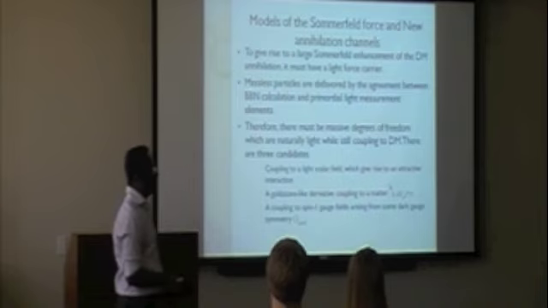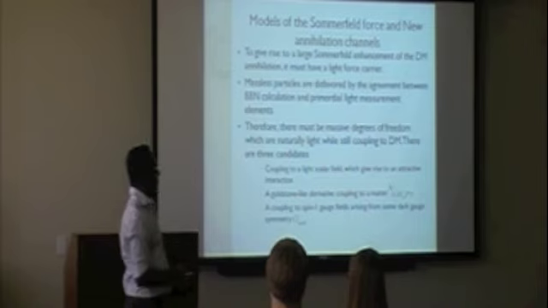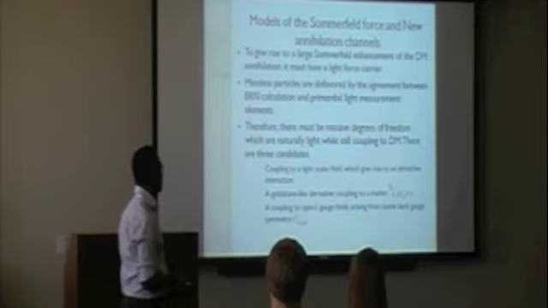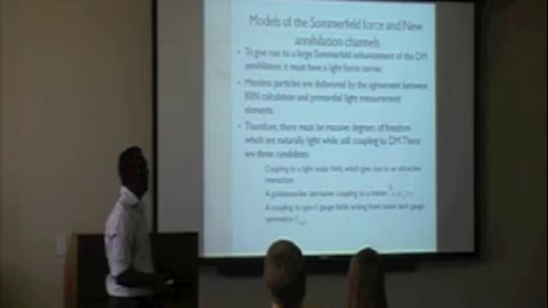For this new force to arise, it must have a light force carrier. Massless particles are disfavored by the agreement between Big Bang nucleosynthesis and the primordial light element measurements.